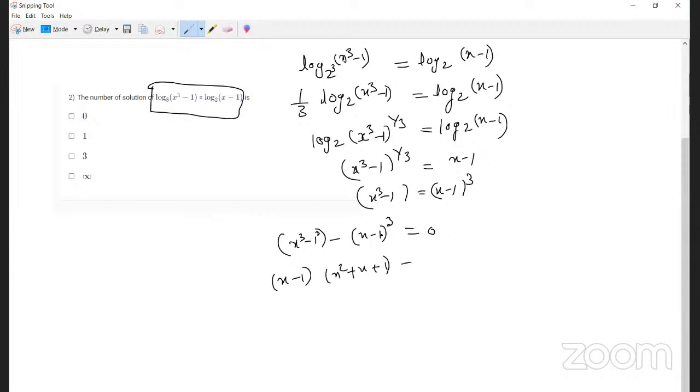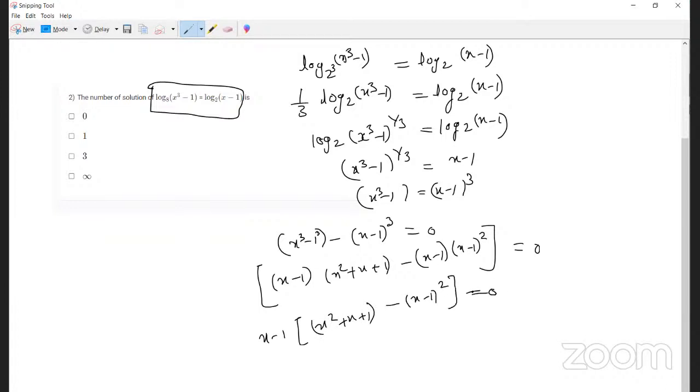No, wait. So we can open it as x minus 1 into x square plus x plus 1. If I take x minus 1 common, because it's whole bracket, then x minus 1, then x square plus x plus 1, then minus of (x minus 1) square equals 0.